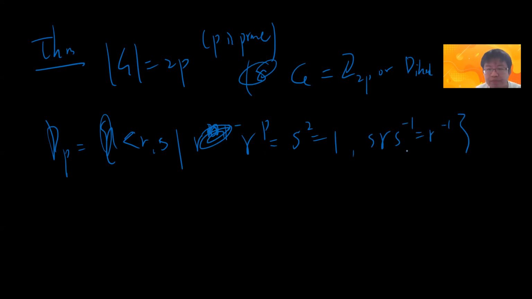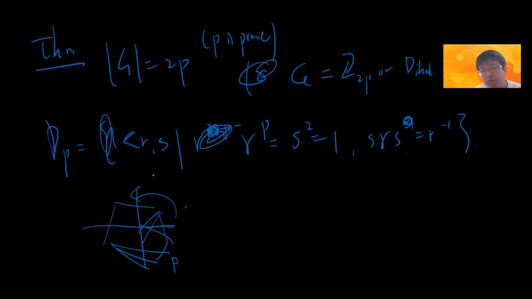The mathematical idea is that you get a regular polygon with p sides, and r is a rotation, so r to the p is 1, and s is a reflection, so s squared is 1. And then you can easily show this.